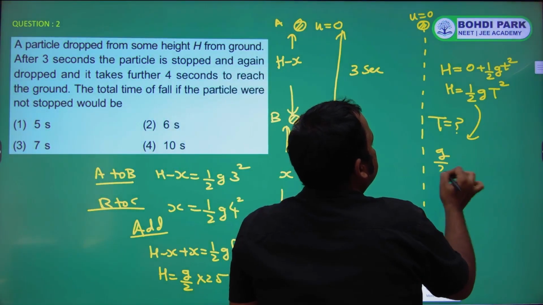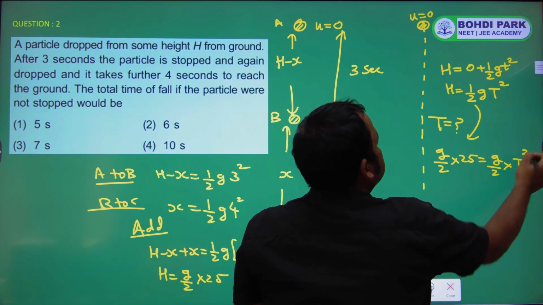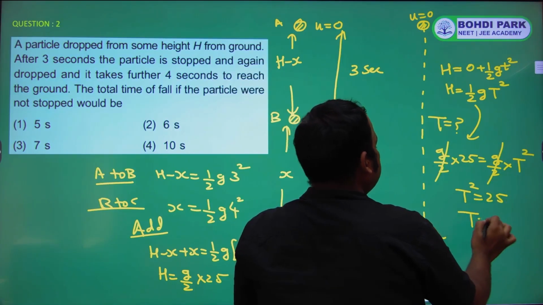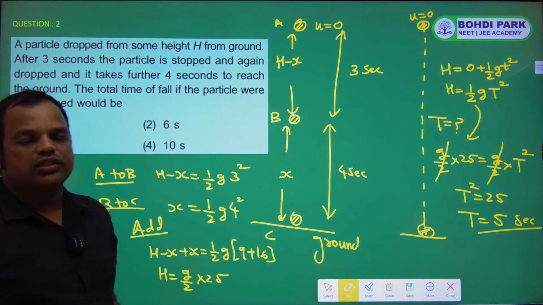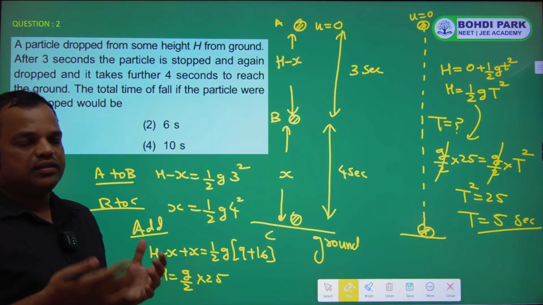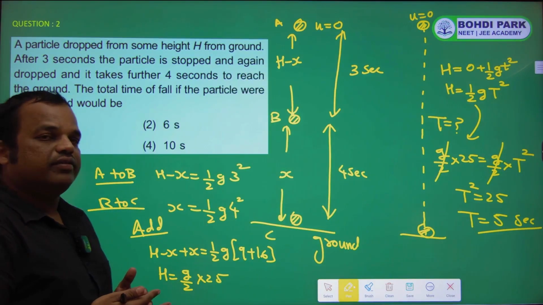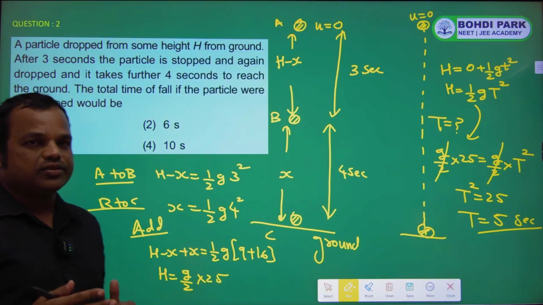So g by 2 into 25 is equal to g by 2 into T square. So g by 2 cancels, T square is equal to 25. So capital T is equal to 5 seconds. So if the stone is not stopped somewhere in the middle, then it will take 5 seconds to hit the ground. So first option. Finish. Now next question.